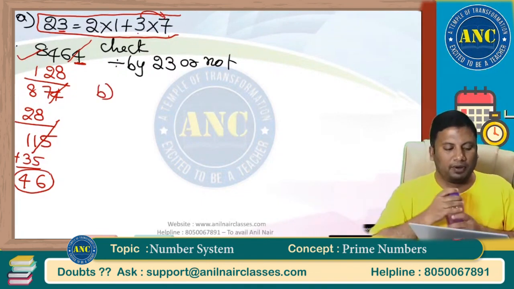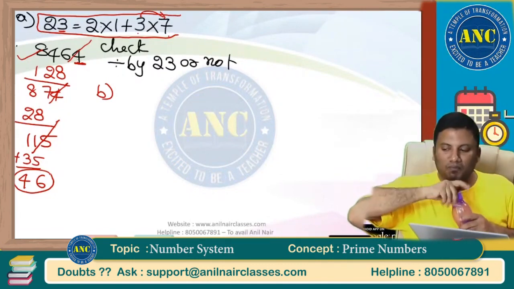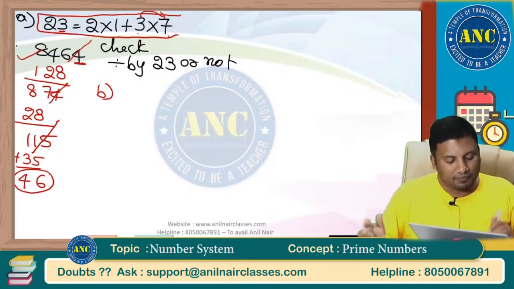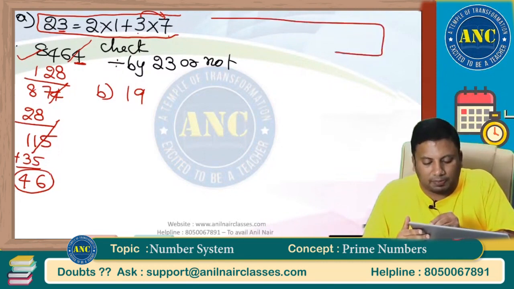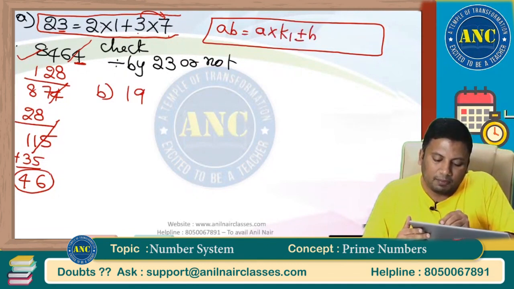Suppose for example, 19 is there. What is the concept of the theory of osculation? AB could be any number, A into K1 plus or minus B into K2.